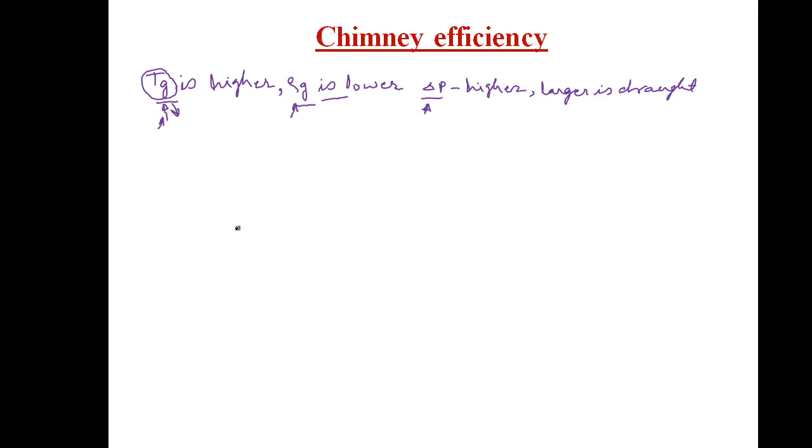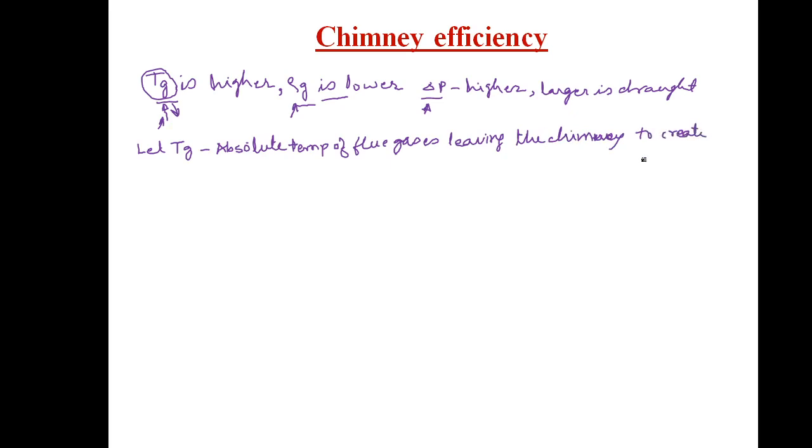Let Tg be the absolute temperature of flue gases leaving the chimney to create draught.